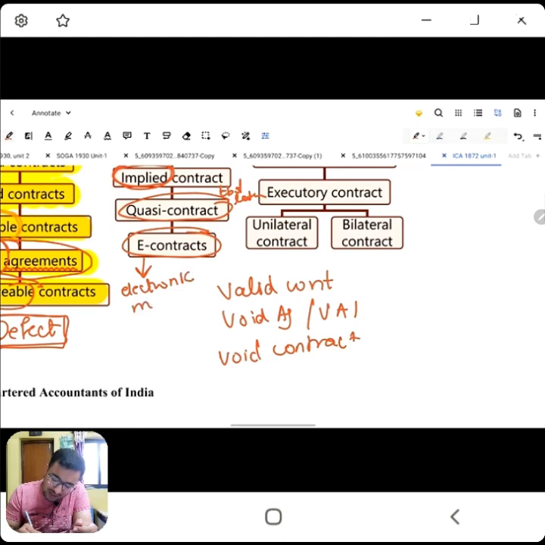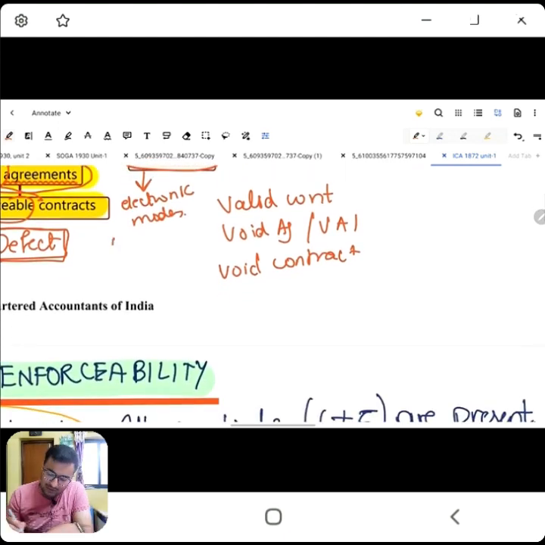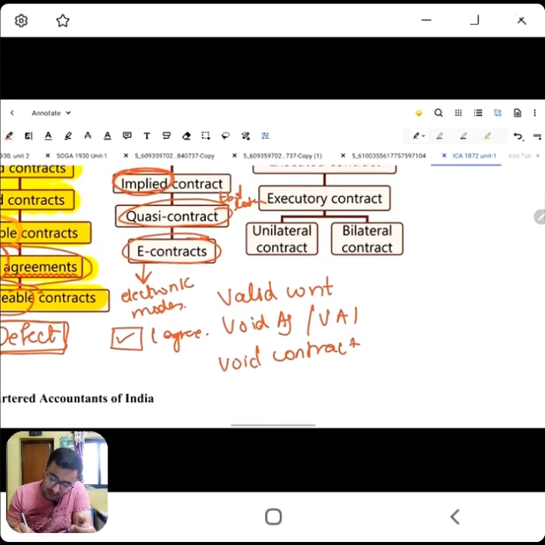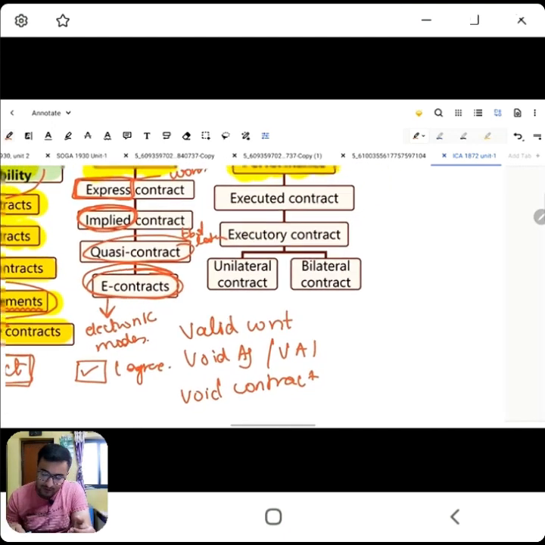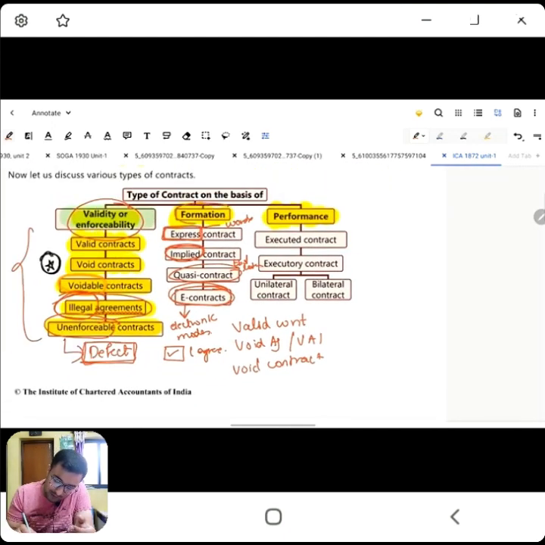For example, you must have noticed many places you have this checkbox, I agree, or else you enter into contracts online, right, with international parties. All of these, you purchase your membership of Netflix, all of these contracts which are electronically done are called e-contracts.